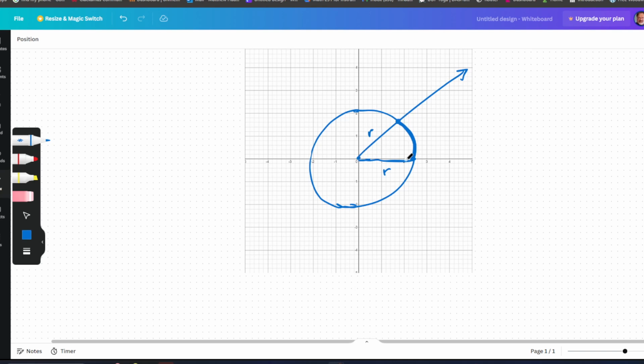And one of the more straightforward ways to do that is to make our unit equal to the amount of angle necessary for this angle to create an arc that is the same length as the radius of our circle.